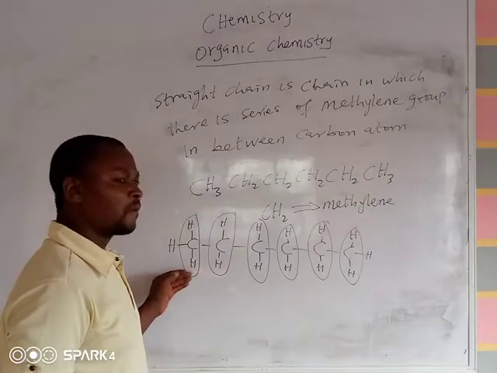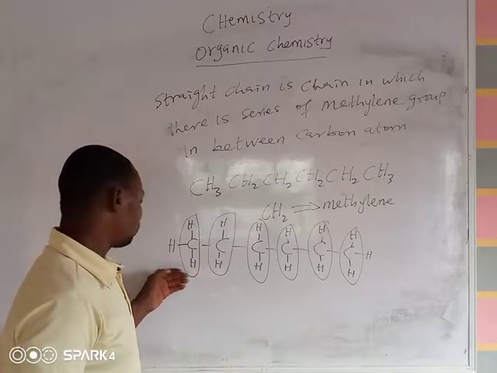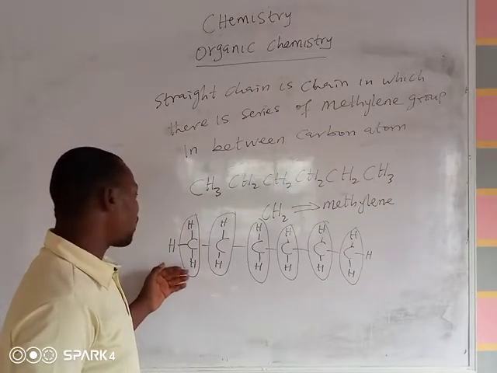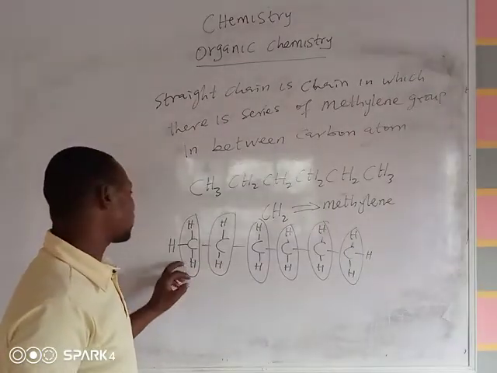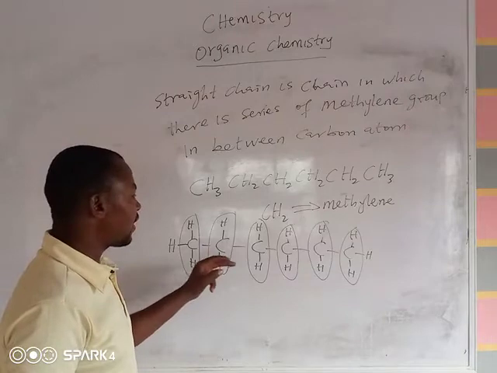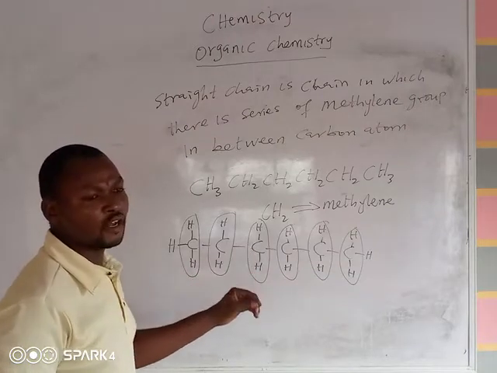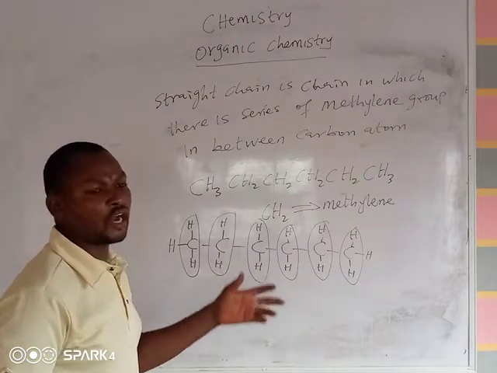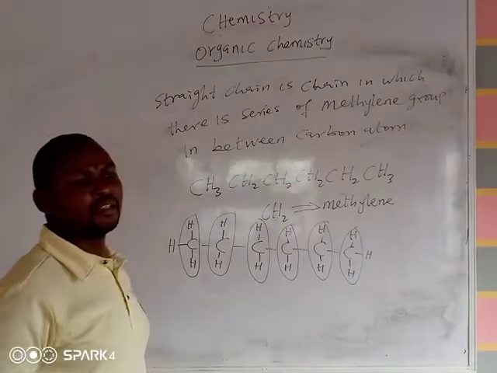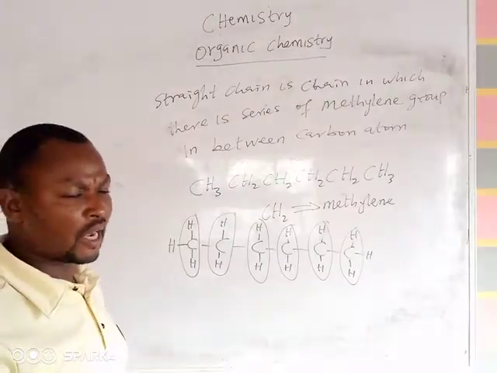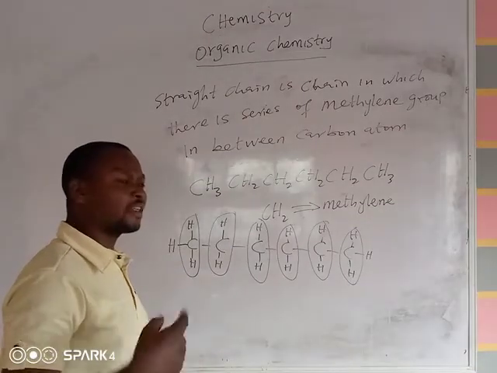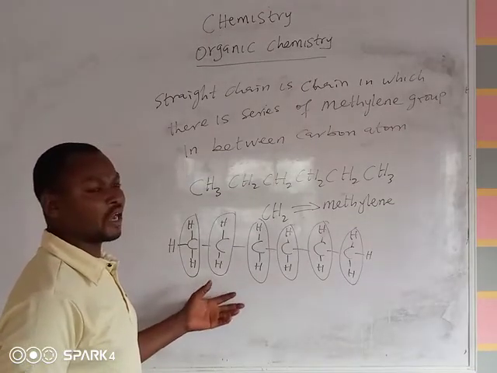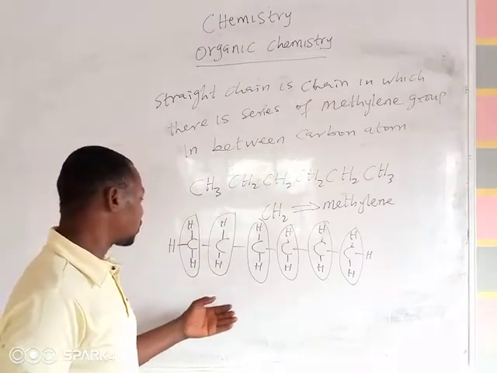Substituents are some group of compound that can replace this hydrogen, because this alkane, or straight chain hydrocarbon, cannot have hydrogen added to it. Rather, substitution can only take place.